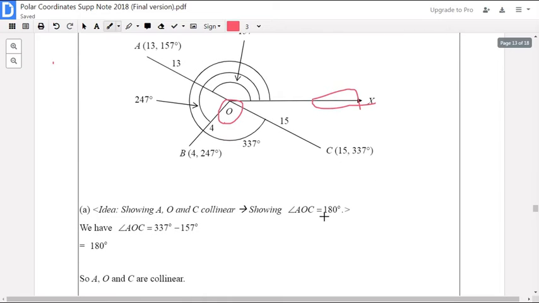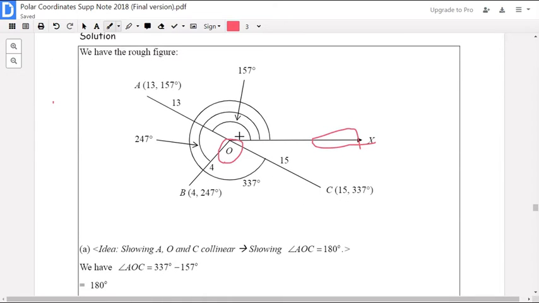Now, how to show whether A, O, C are collinear? Check whether the angle AOC is of 180 degrees. How to find AOC?